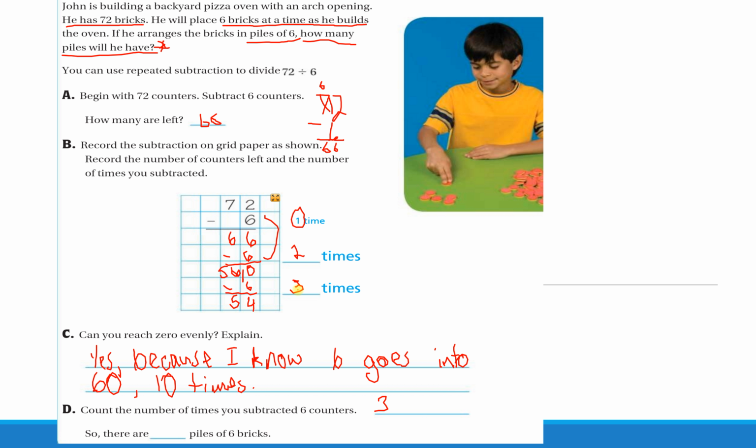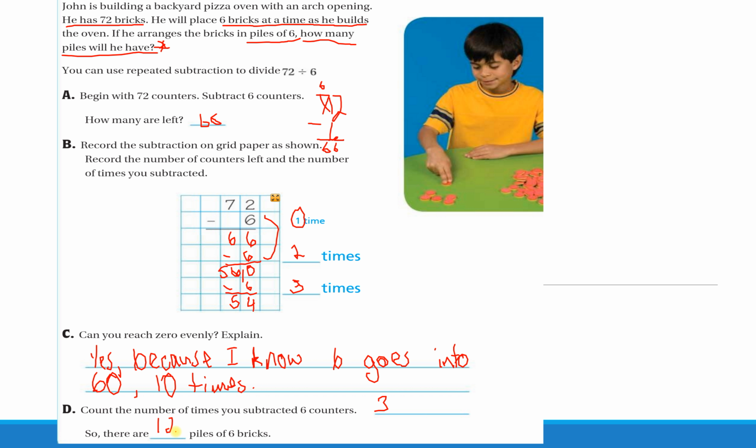So if I subtracted 6 three times to get 54, well, 6 can go into 54. That gets me back to a basic math fact of 9 times 6 is 54. So if I subtract 6 nine more times, that would get me to 0. 9 plus 3 times would give me 12 piles.